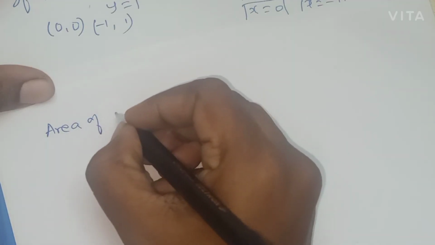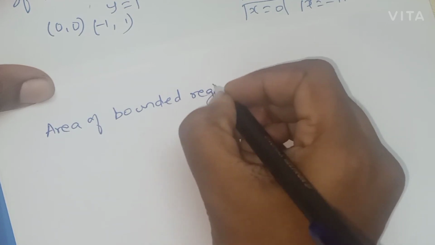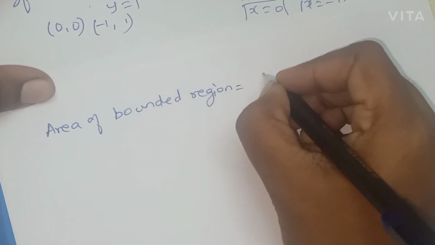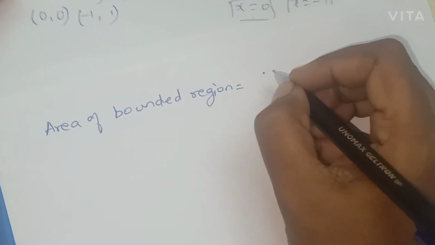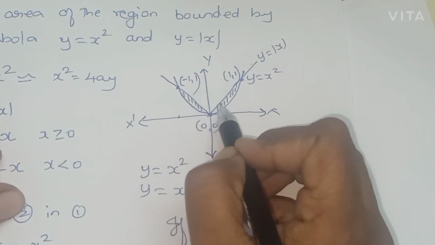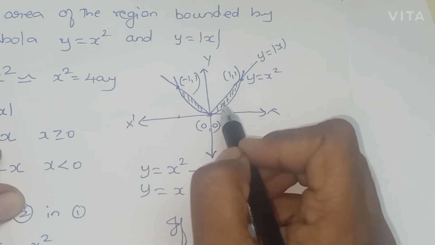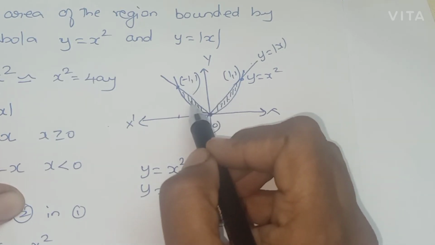Area of the bounded region equals, so here we have two spaces. This is first quadrant and second quadrant. So it is enough to find the first quadrant and then we can multiply with 2.